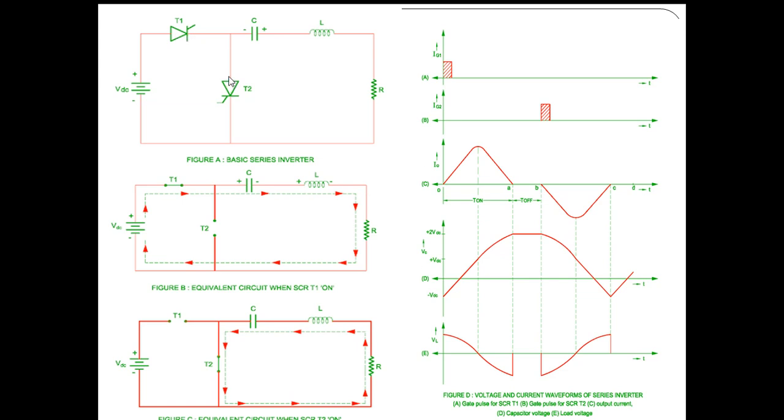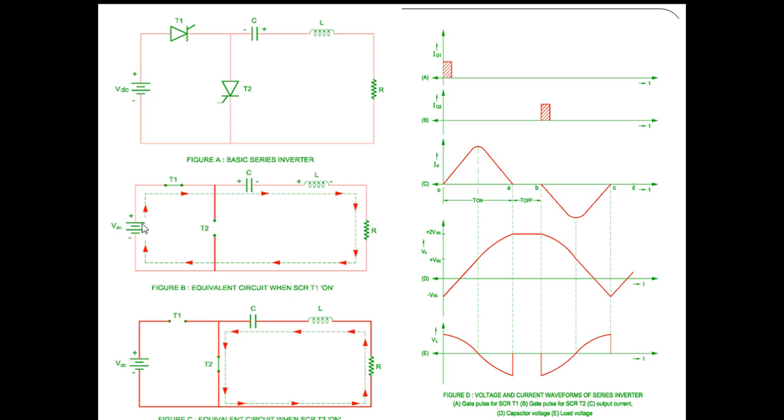Initially T1 and T2 are off. We are triggering T1. As we are triggering T1, current flows from the source to thyristor T1 and the commutating components L and C through the load. The current direction will be shown in figure B when thyristor T1 is turned on. T2 will be in off position.